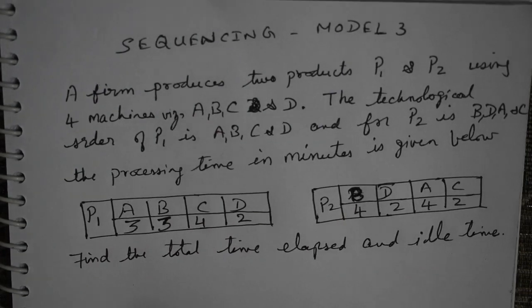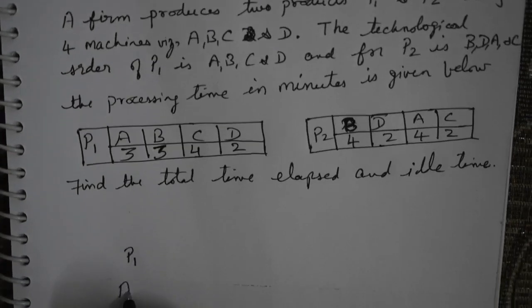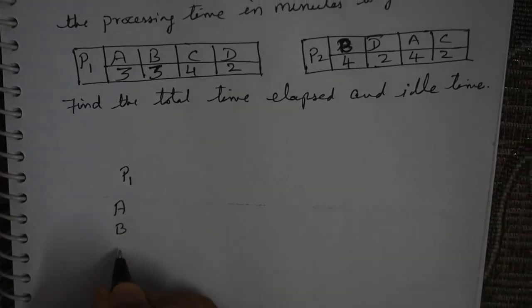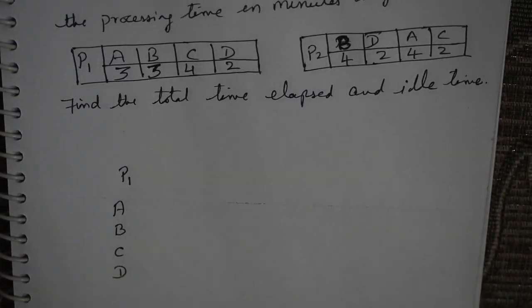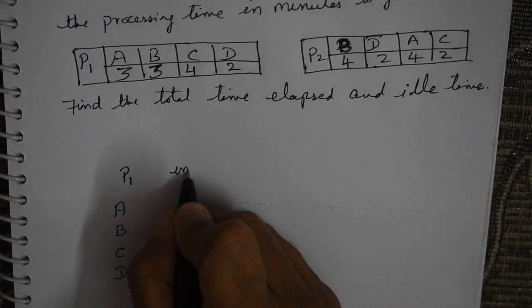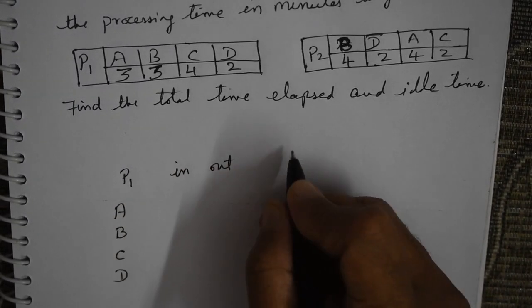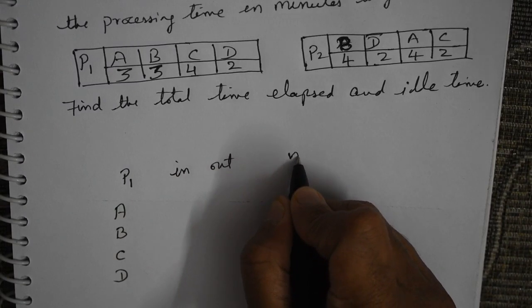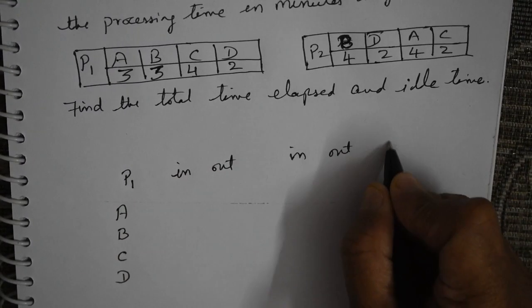So P1, the machine order is A, B, C, D. Let us take time in, time out, and then I am going to do for P2.